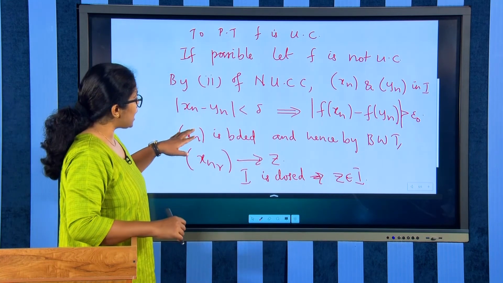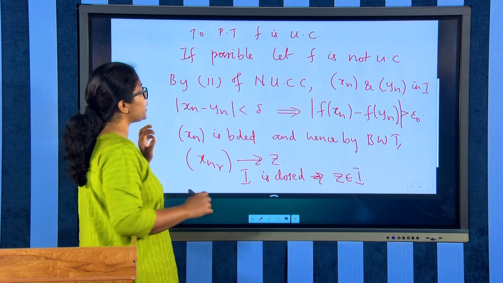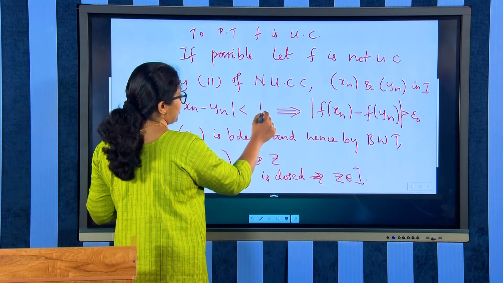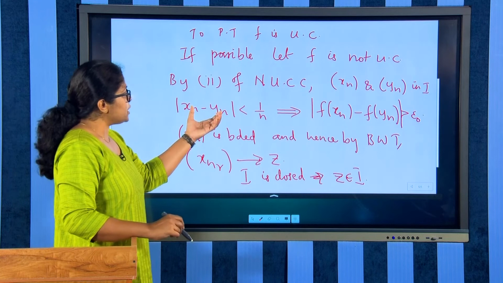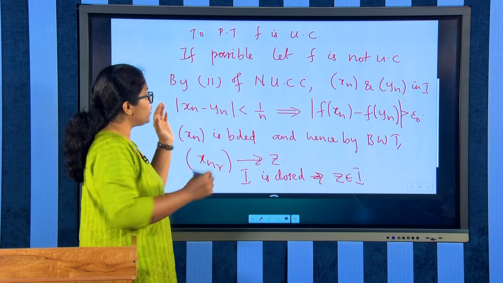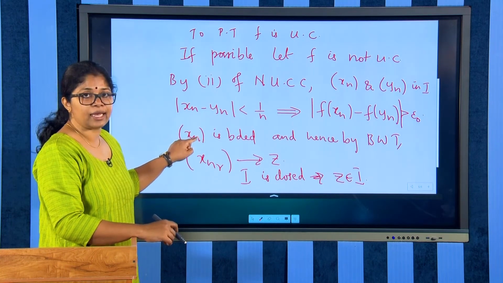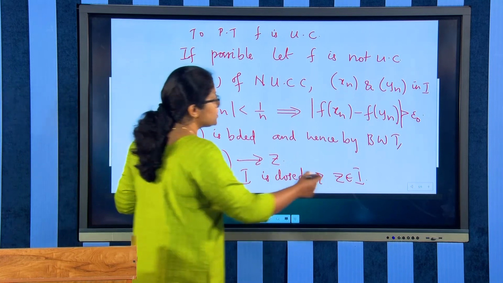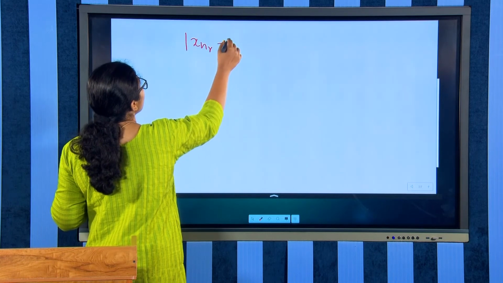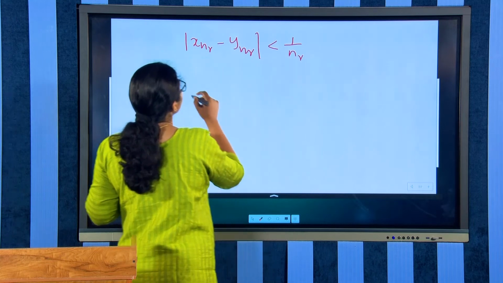And sequences xn and yn are such that modulus of xn minus yn is less than delta, in particular less than 1 by n. So these two sequences are very close to each other. xnr is a subsequence of xn, and correspondingly we can have a sequence ynr such that modulus of xnr minus ynr is less than 1 by nr.